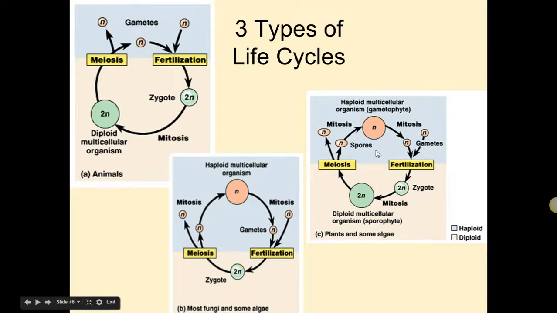And then they spend the other half of the time in the sporophyte stage, which would be their 2N, which would also be their zygote or diploid.